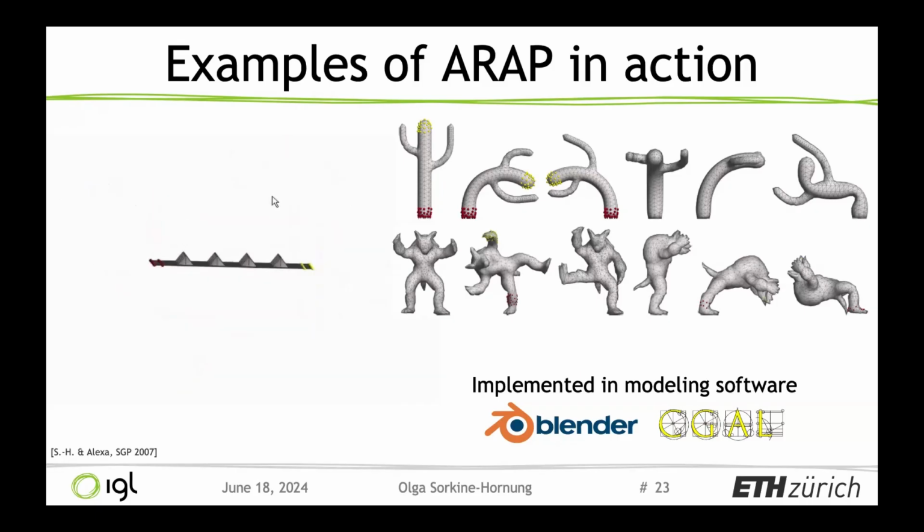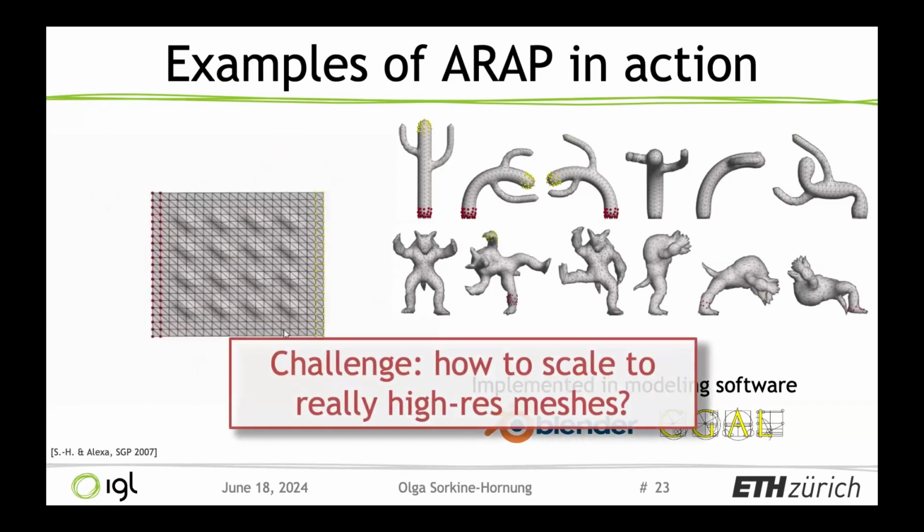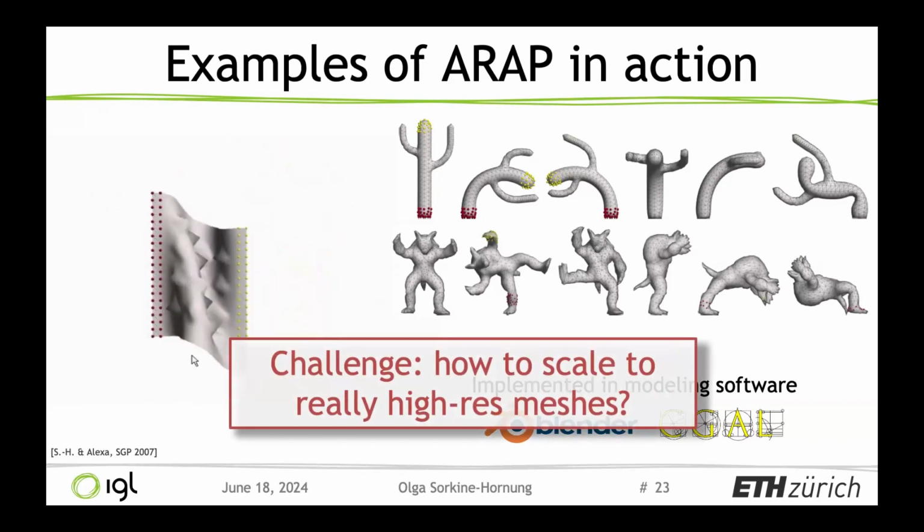But it was, again, kind of a cool surprise to see that this formulation indeed works, at least in theory. The challenge is, of course, how to scale it onto real models that are not these toy examples.